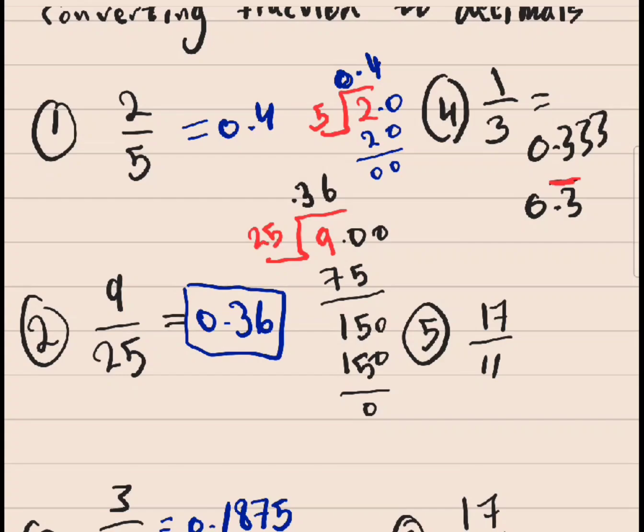So number 5, we actually have an improper fraction. So this is going to be above 1 whole. It's greater than a whole.